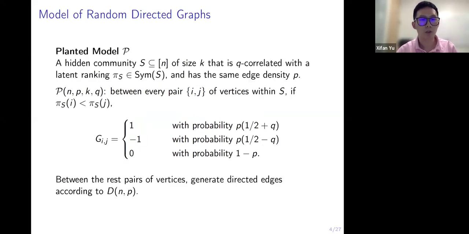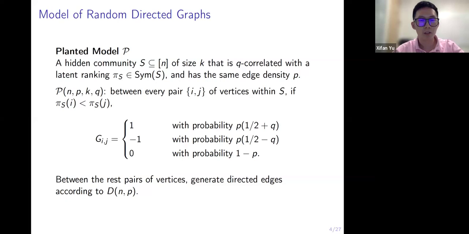In the planted model, there is a hidden community structure, with a hidden community S of size k that is correlated with some latent permutation, or ranking, and has the same edge density p.